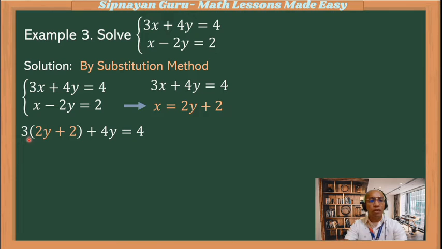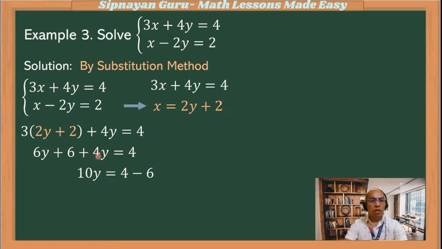So therefore, our equation would be 3 times 2y plus 2 plus 4y is equal to 4. So notice that only variable y appears in this equation. Simplify by distributive. So 3 times 2y is 6y. 3 times 2 is positive 6. 4y is equal to 4.